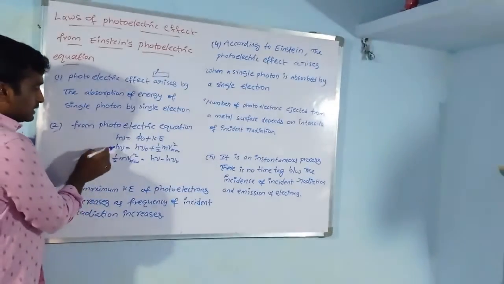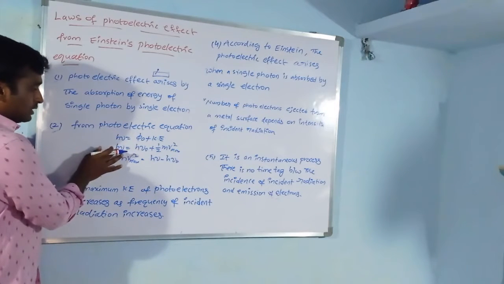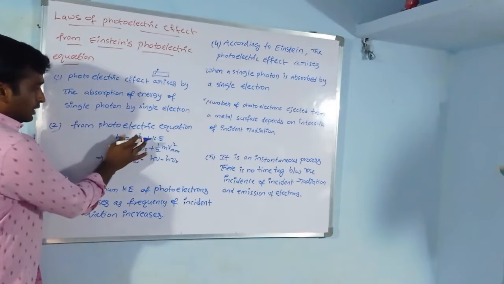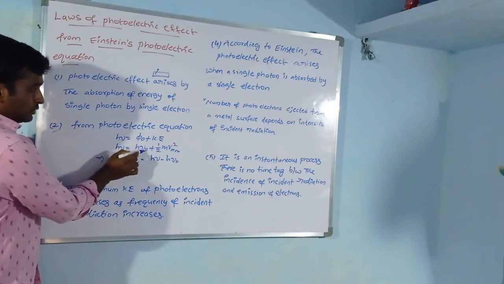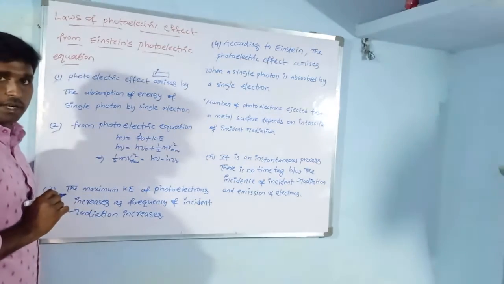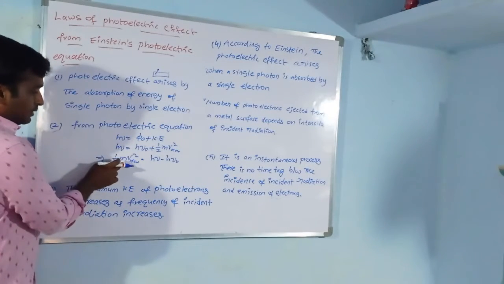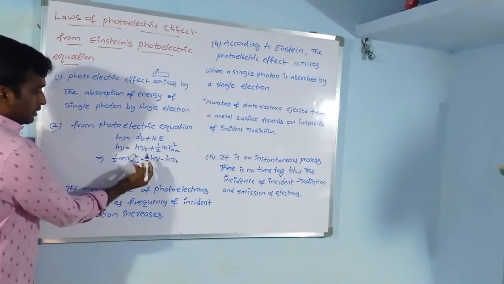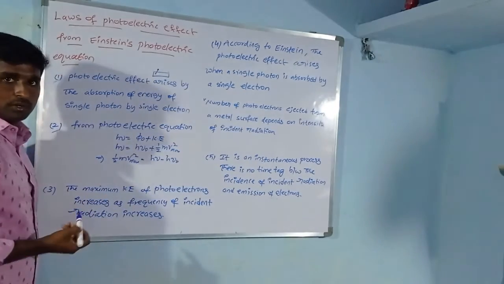So now we can write this: h nu is the energy of the incident radiation, h nu naught is the work function, plus half mv square, which is the kinetic energy. So we can write half mv square equal to, if you take h nu naught to the left side, h nu minus h nu naught.